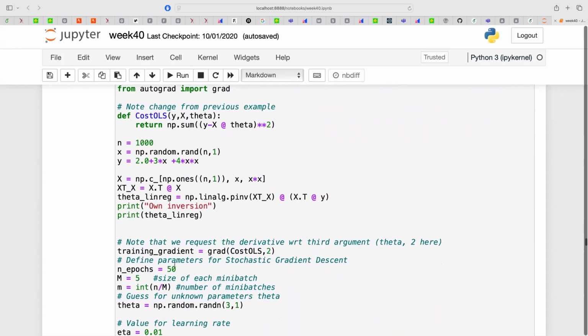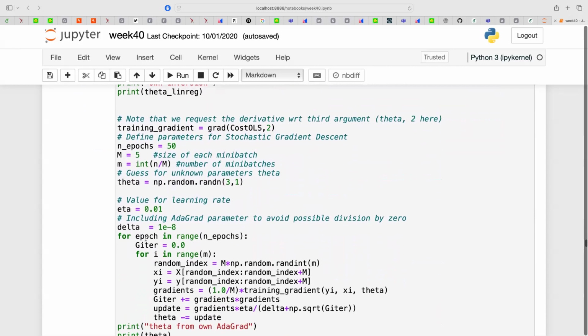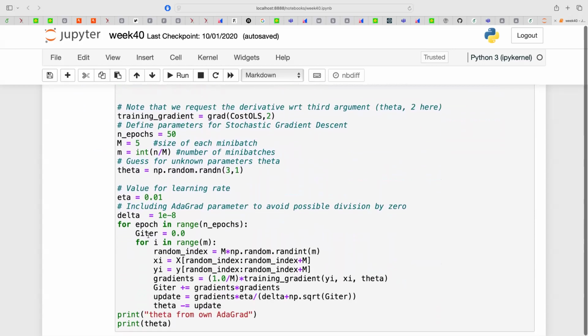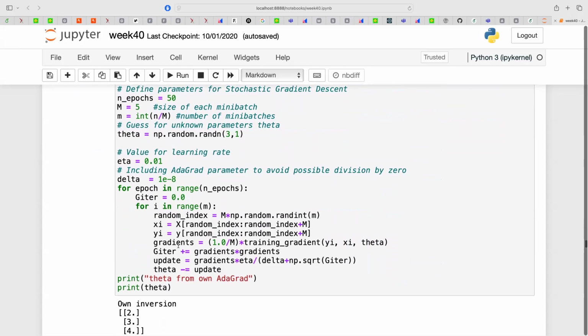I set up the gradient, but here I include gradient descent with ADA-grad. So I'm actually running a loop over epochs. And for every batch which I have, I implement ADA-grad, where first I calculate the gradient, but now I have to be careful because the gradient needs to be scaled by the number of data points in a given batch.